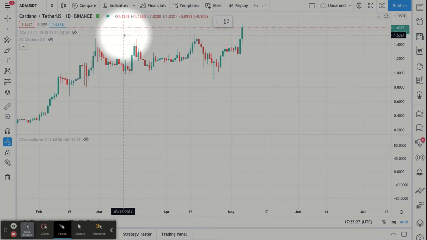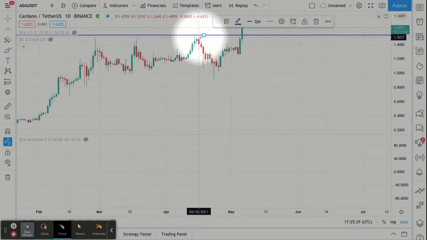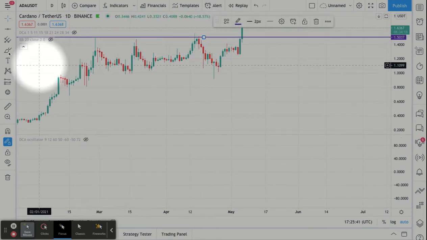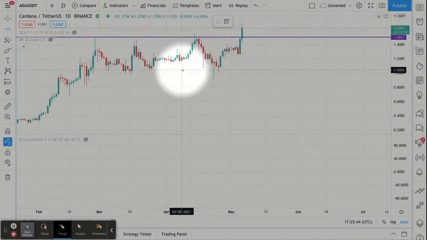I probably would have drawn a line around in here, maybe brought it down a little bit. These lines don't necessarily have to be exact. You want some areas though. Again, these are going to be support and resistance lines, and you're not wanting exact, you're wanting areas.